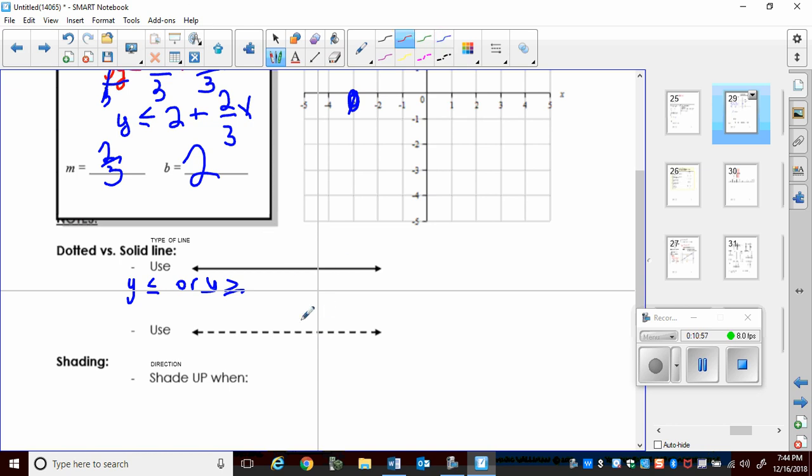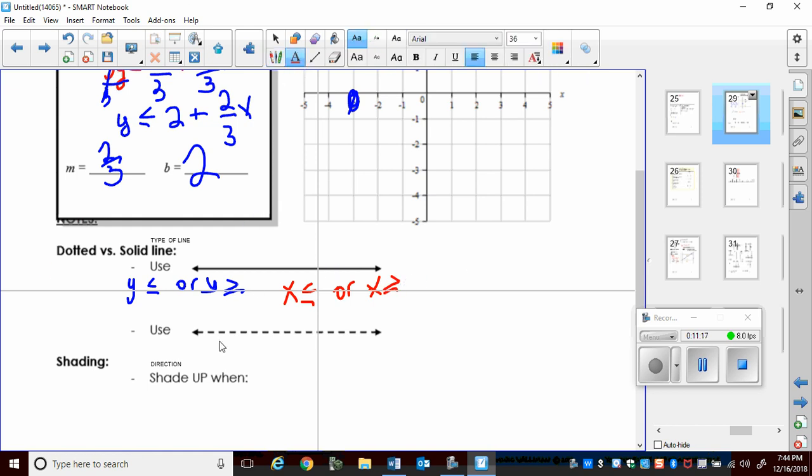In addition, if you have x is less than or equal to, or x is greater than or equal to, you are going to use a solid line.